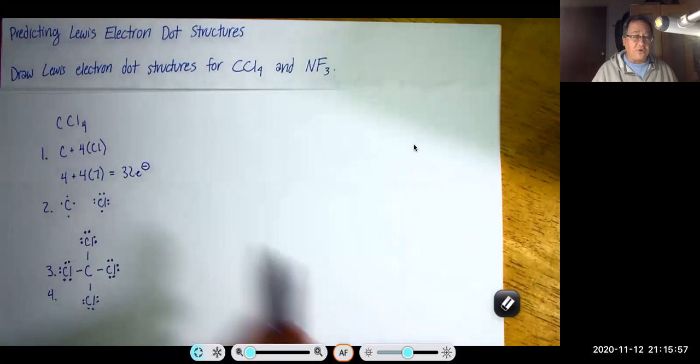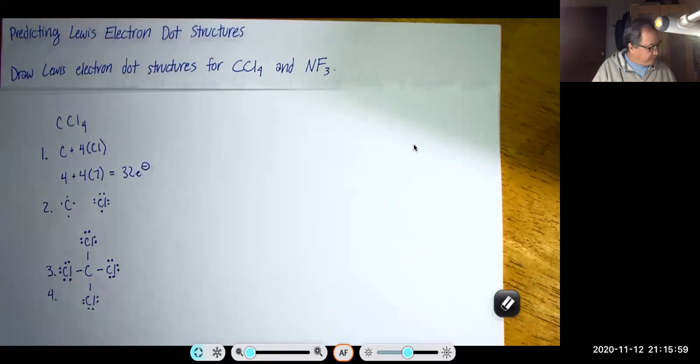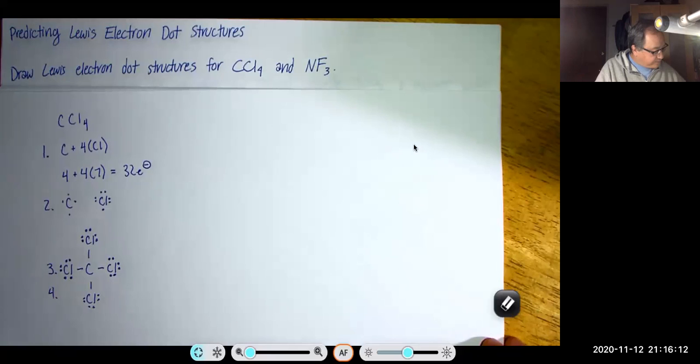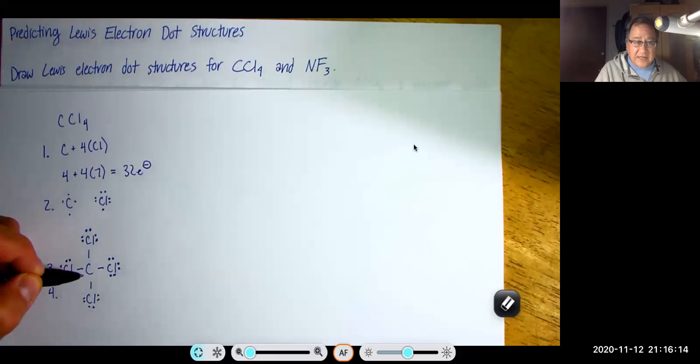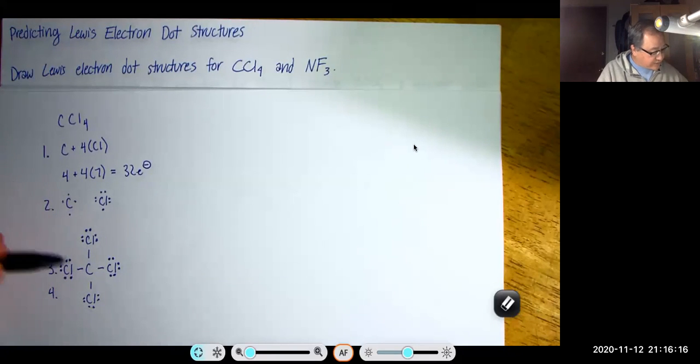So we've used all 32 valence electrons. And we take a look, and we're supposed to take all the extra ones beyond 32 and put them on the carbon, but we don't have any. So we're done here as far as that goes. Now, since the carbon has an octet, 2, 4, 6, 8, we're probably pretty good. Let's assign formal charges to each of these.